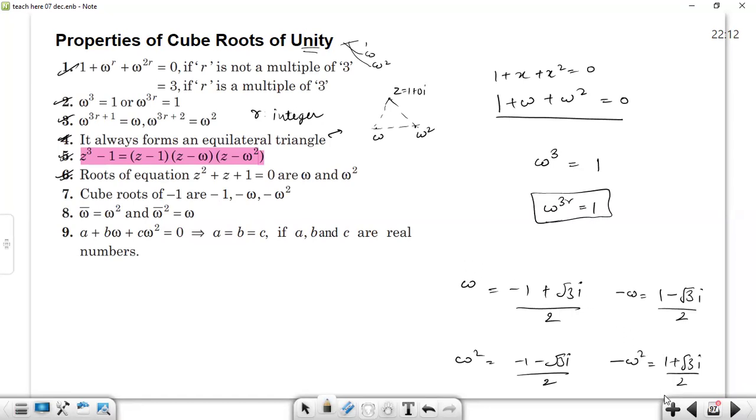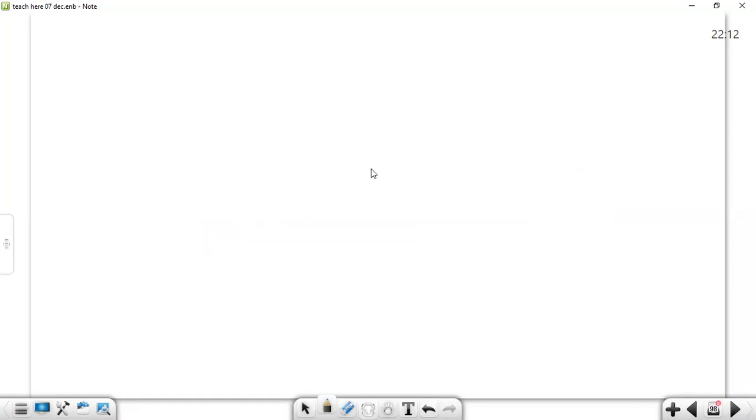Actually, what we are finding is the cube roots of minus 1. So basically it is the equation x cube equals minus 1, so x cube plus 1 is equal to 0.